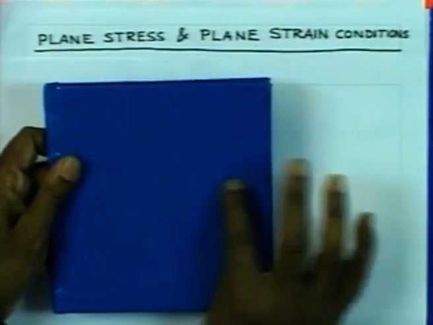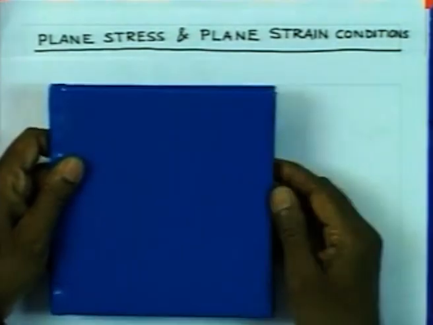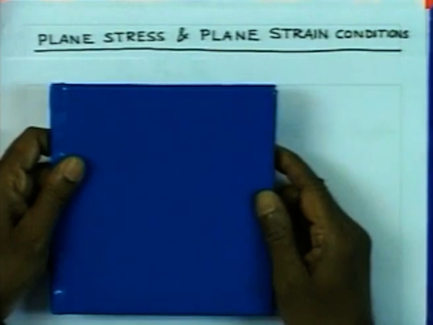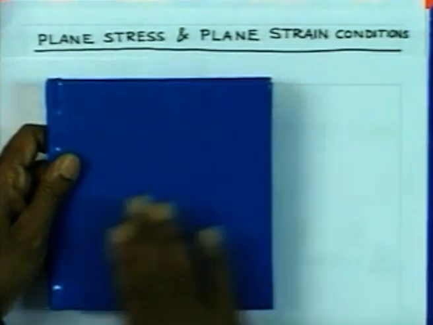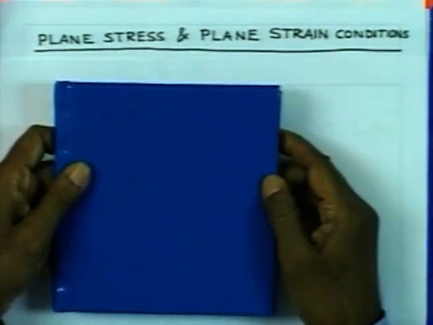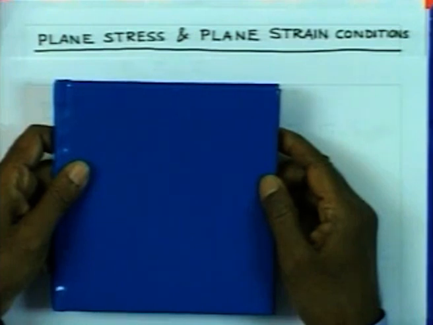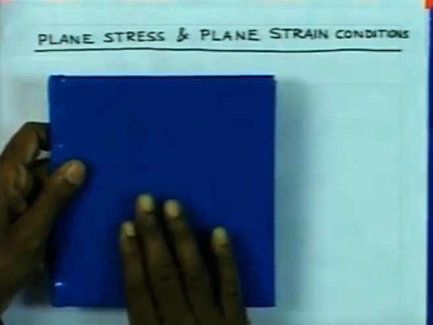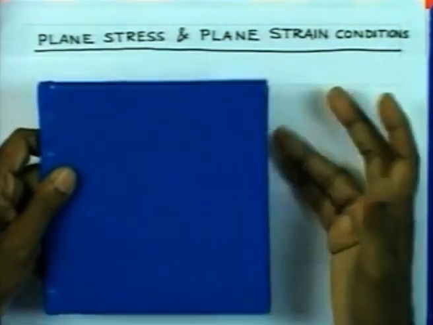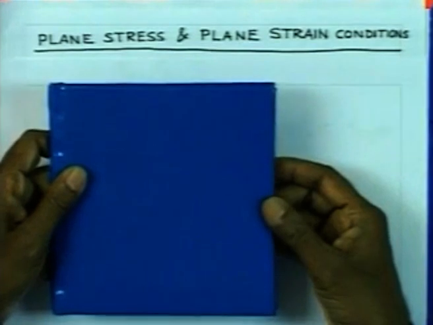If you consider this is x direction, this is y direction, and the vertical direction is the z direction, the z face is free of any stresses, therefore, sigma z is 0, tau zx and tau zy are also 0. That state prevails in the top face here, and so also the bottom face, the same condition is going to prevail.